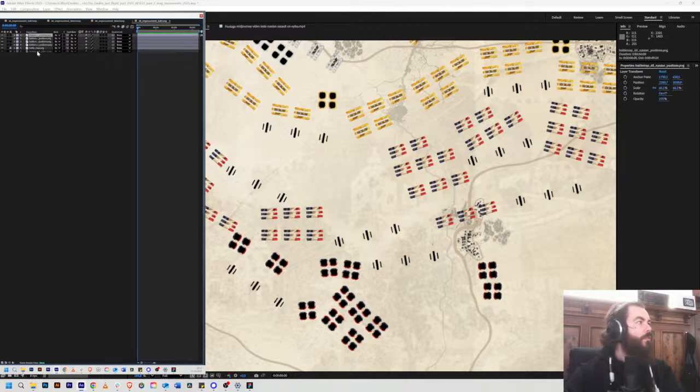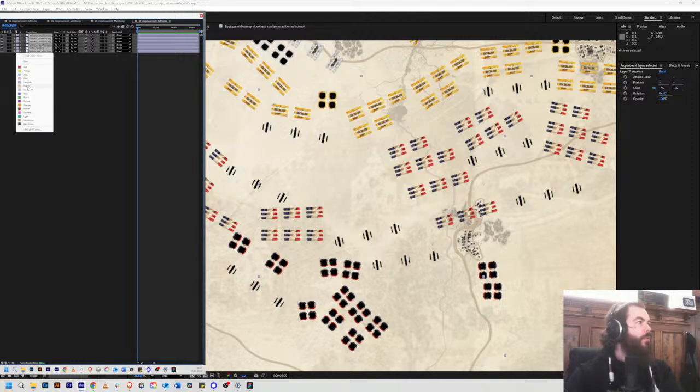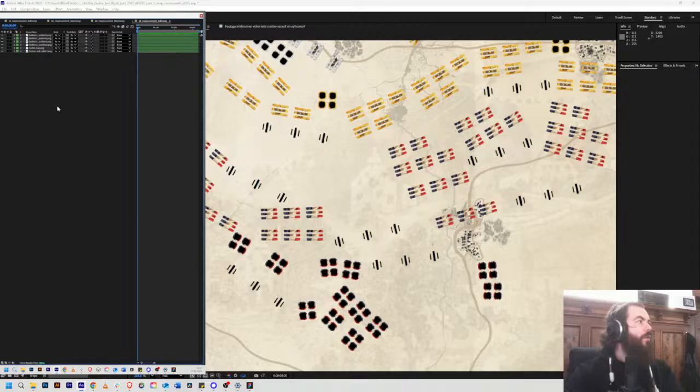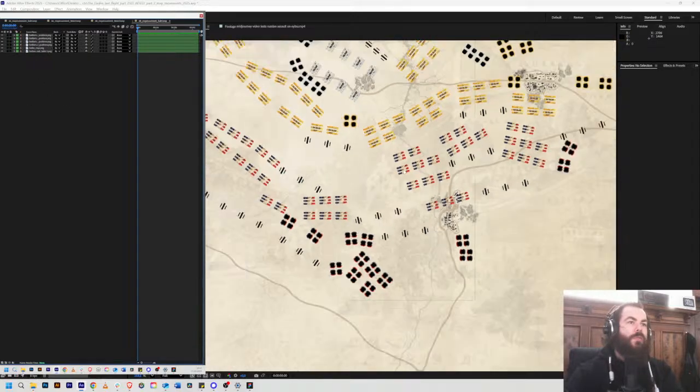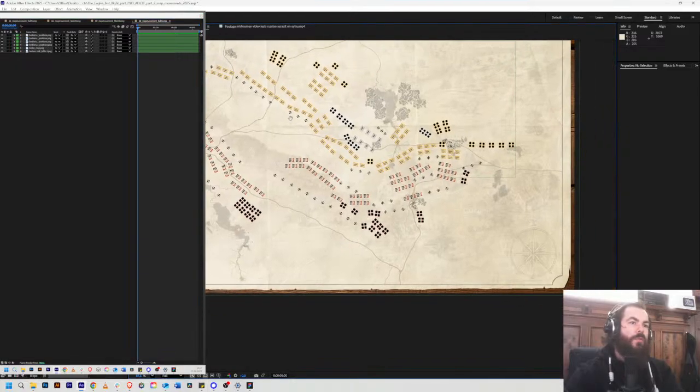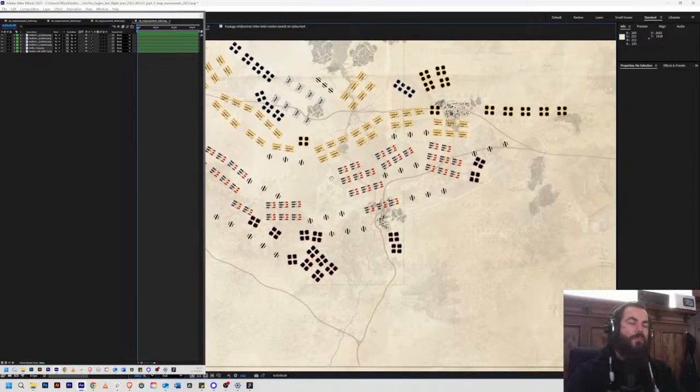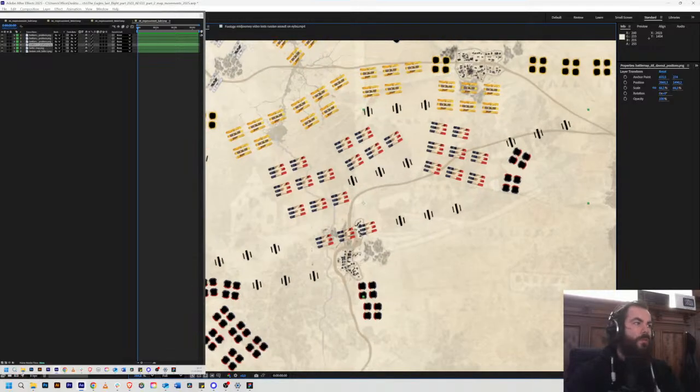So we have our base, that green. This will not change. So we're gonna mask out some of the... actually, we're gonna mask out probably the whole of the Russian position to have all units moving.